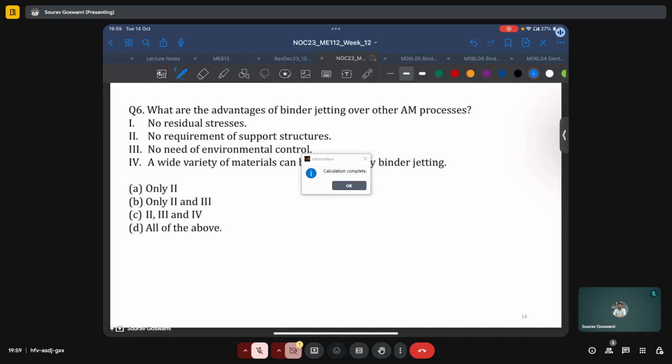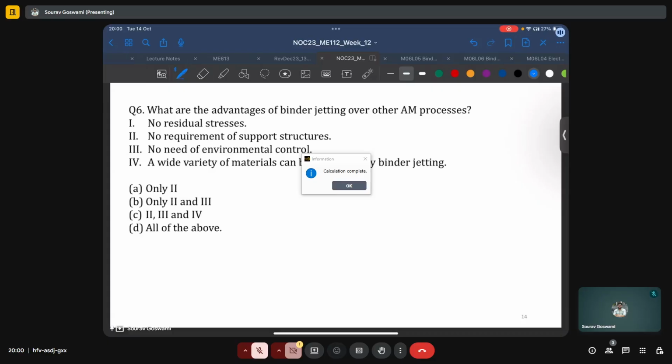A few statements are given to us, and we need to see which of them apply. Among the supposed advantages of binder jetting are listed: no residual stresses, no requirement of support structures, no need of environmental control, and a wide variety of materials can be processed.